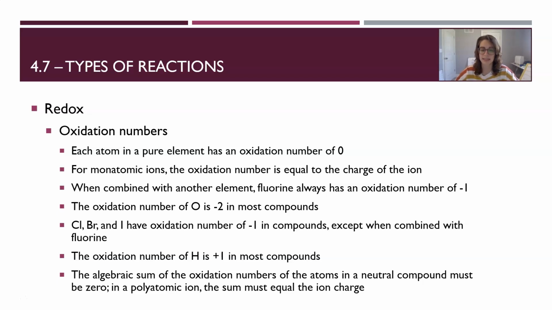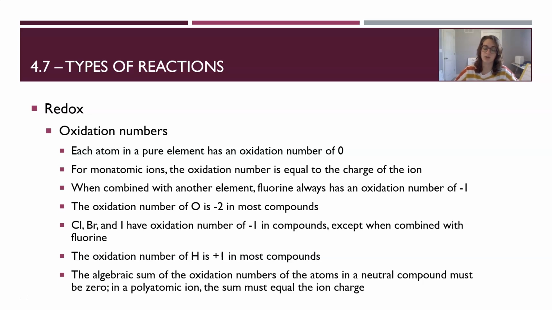You're probably looking at this list and wondering, how is this different from figuring out the charges? It's really not. When we're talking about redox, though, we use oxidation numbers because remember, we're transferring electrons, so the charges aren't always the same. It's usually pretty easy to start with oxygen, because oxygen is going to be -2 in pretty much everything, and then start with hydrogen, because hydrogen is going to be +1 in almost everything.